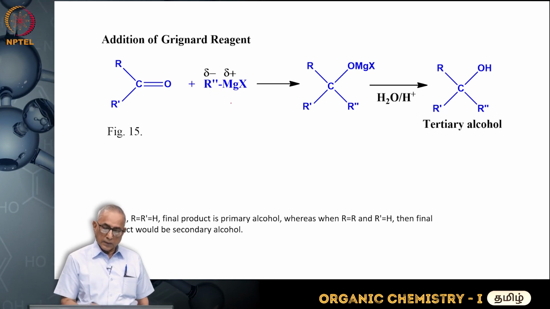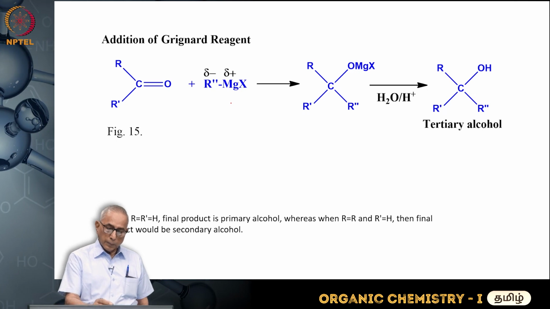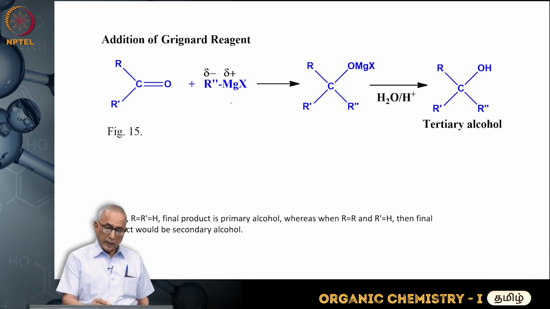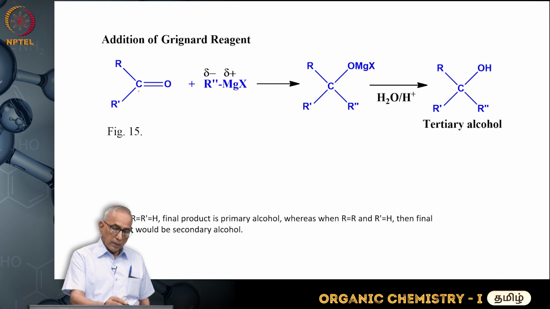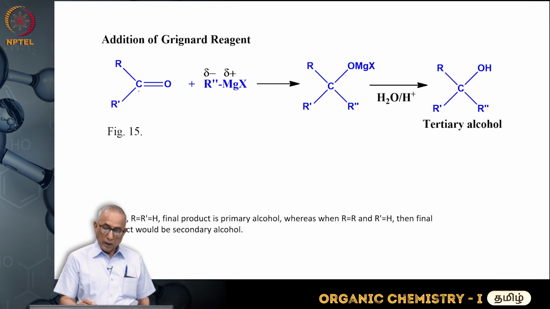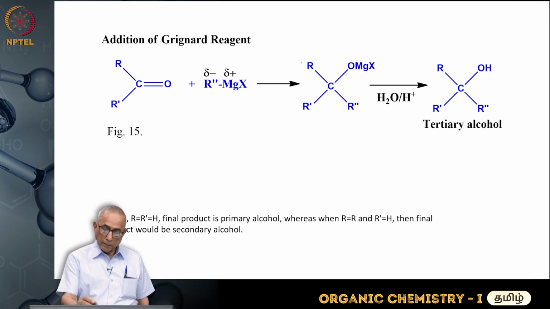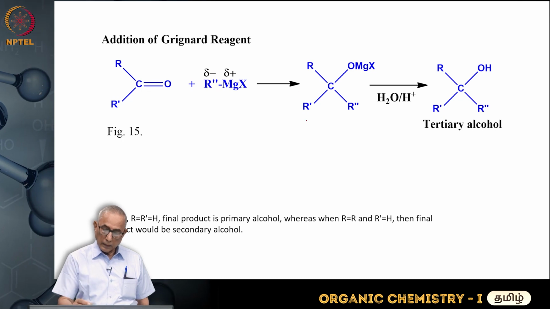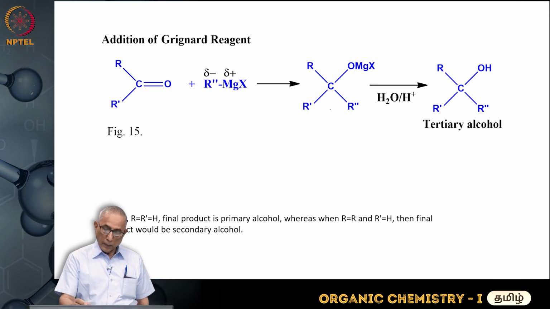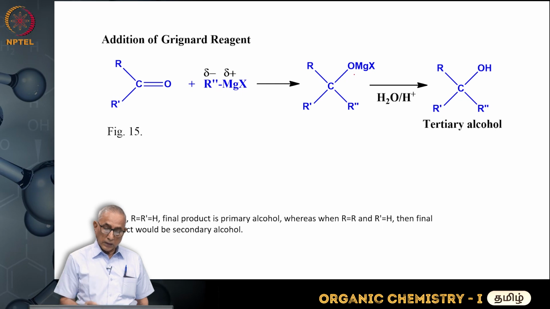Magnesium is partially positive and the R group is partially negative. Because this is negative, it will attack this carbon, and you get this tetrahedral compound, R prime R double prime OMgX.